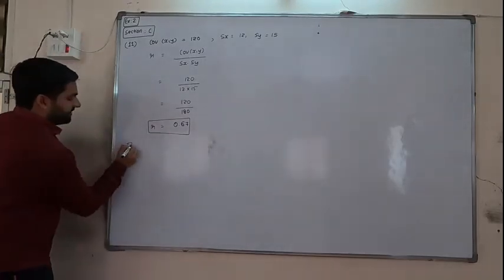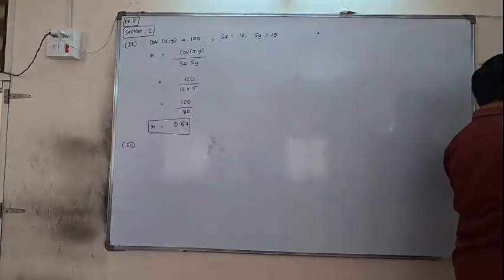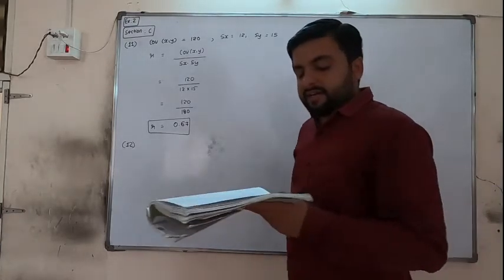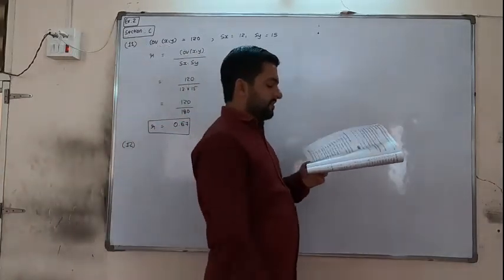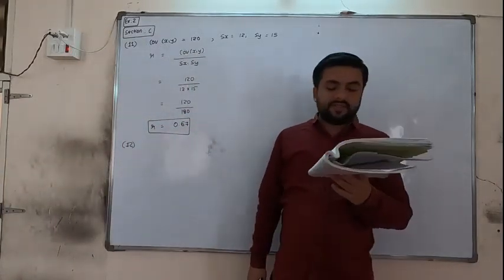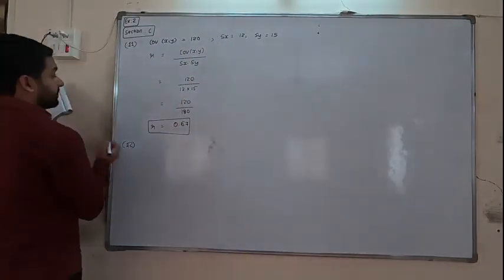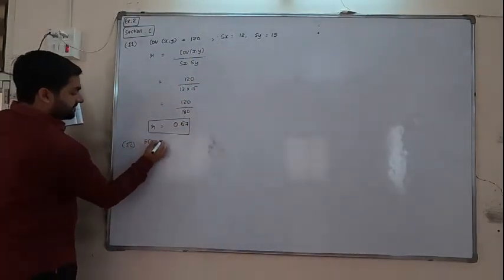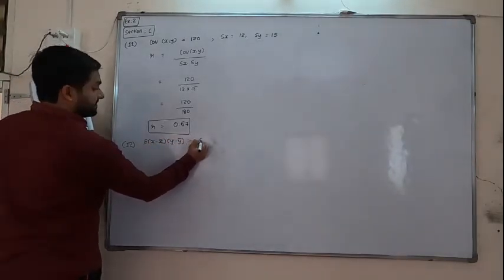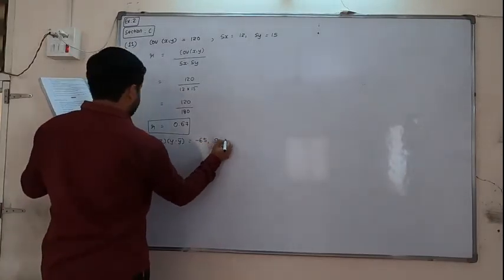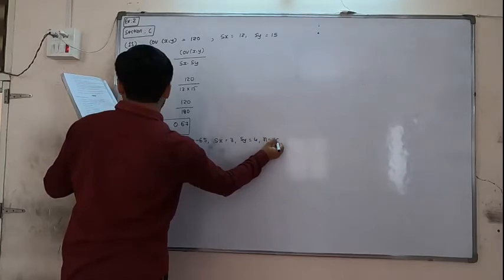Okay. After that, the next sum. Find the value of R, if sigma x minus x bar into y minus y bar is minus 65, Sx 3, Sy 4, and n is 10.